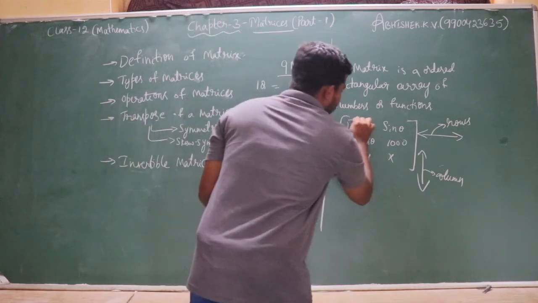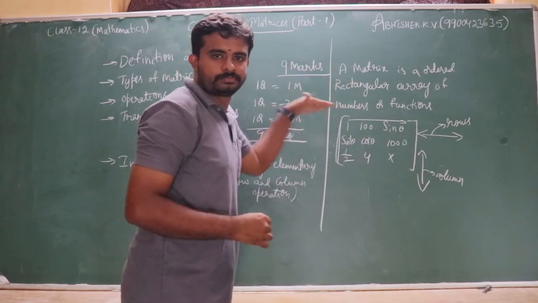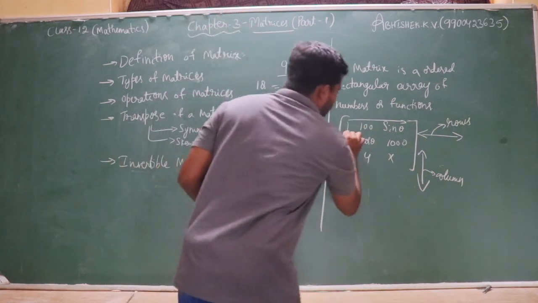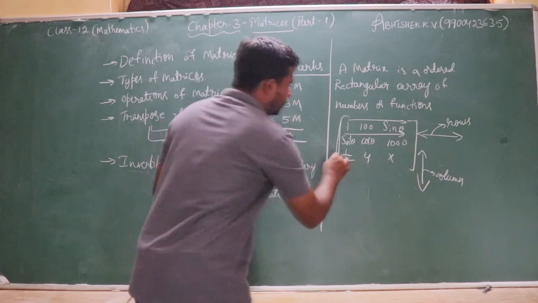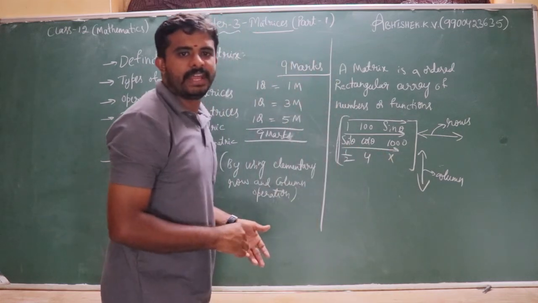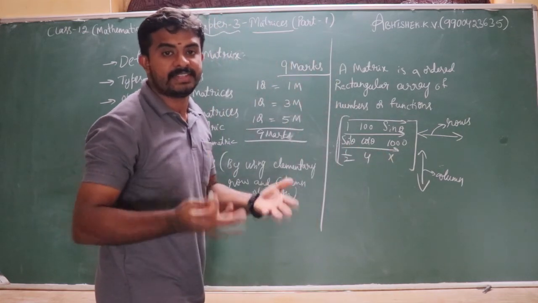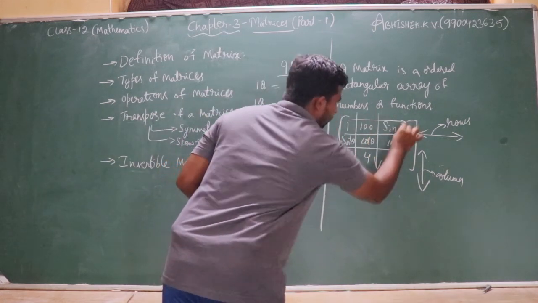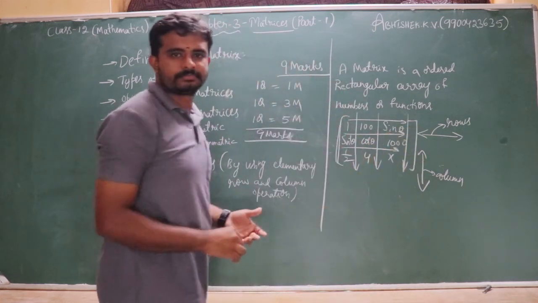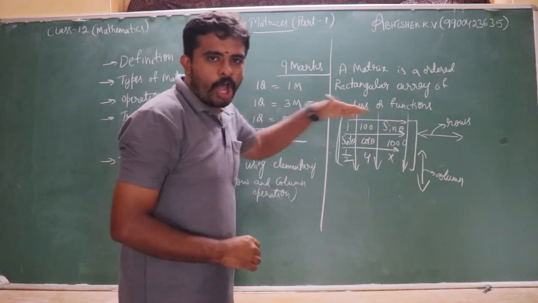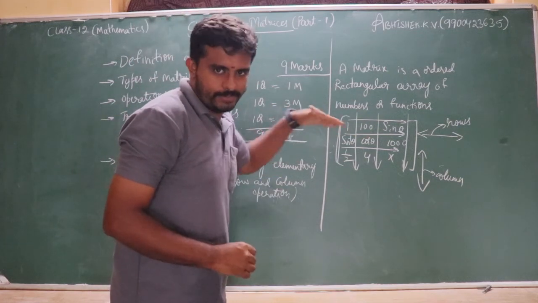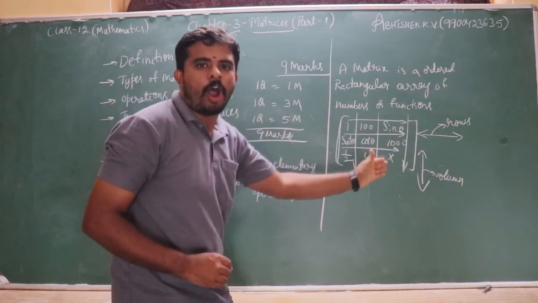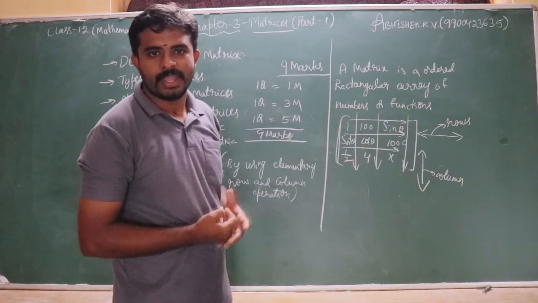See, this is a horizontal row, this is also horizontal, this is also horizontal. Then the question arises, sir, where is vertical? See, this is vertical, this is vertical, this is vertical. Therefore, the horizontal order is called rows, the vertical order is called columns.